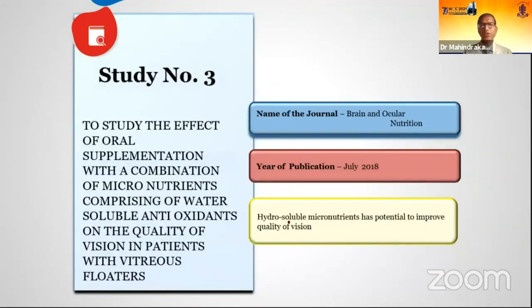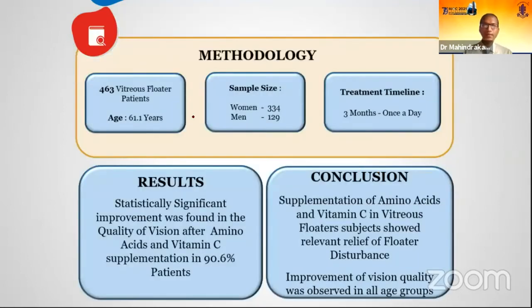Now, the next study shows hydrosoluble micronutrients have the potential to improve the quality of vision. This was published in Brain and Ocular Nutrition in July 2018. It had 463 vitreous floater patients with a good sample size of female to male, and treatment was done once a day for 3 months.